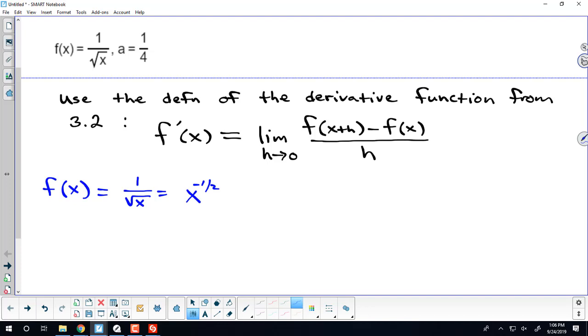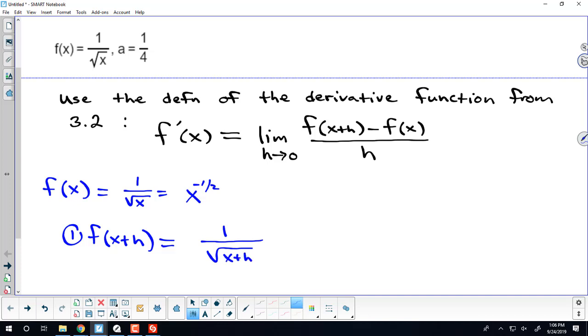We could write it that way as well. Since we've seen a few examples of how we clear radicals, we'll probably keep it as 1 over root x. So we're going to compute f of x plus h, which gives us 1 over the square root of x plus h.